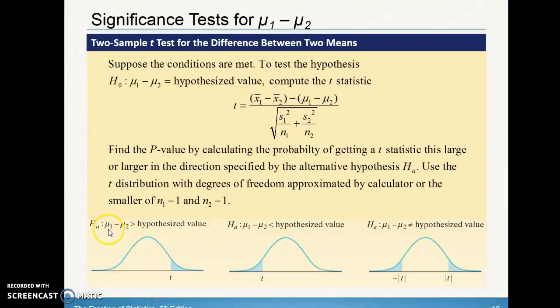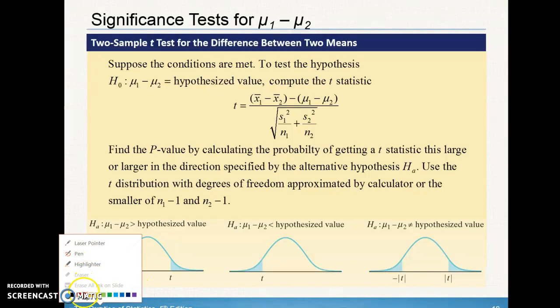Now, for your p-value, whenever you say population 1 is bigger than population 2, remember that's the colored upper part of your curve. When we say that it's less than, it's the lower part of your curve. And when we say they're not equal, this one is the one that's a little bit trickier, I think.